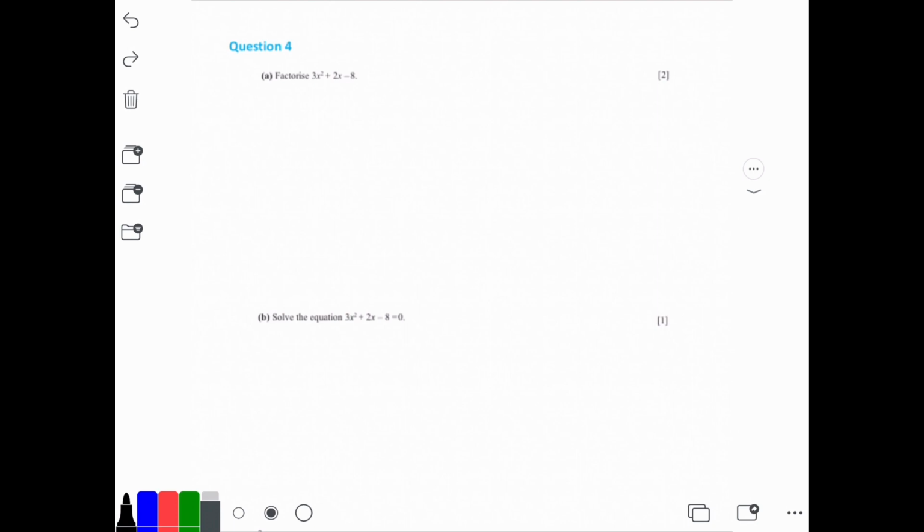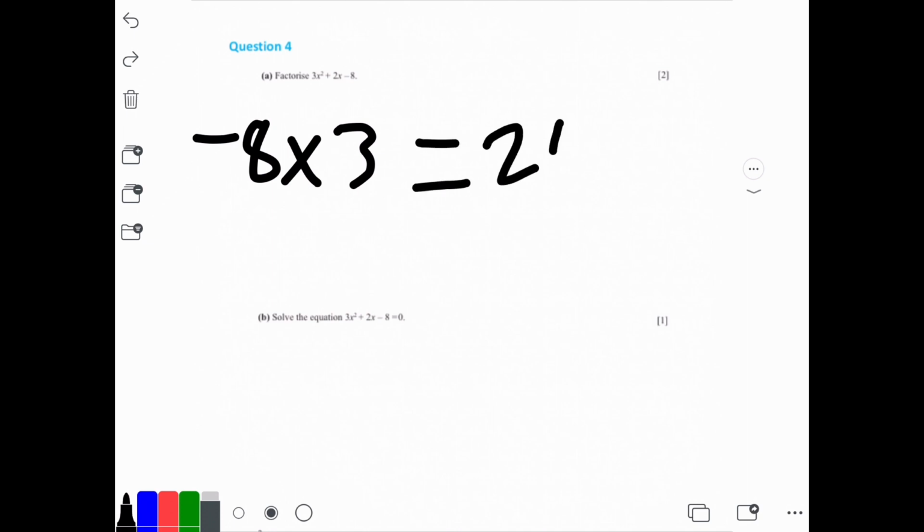What we need to do to get these two new terms is we will first multiply the constant by the coefficient on the x squared term, which is negative 8 times 3, to get negative 24.